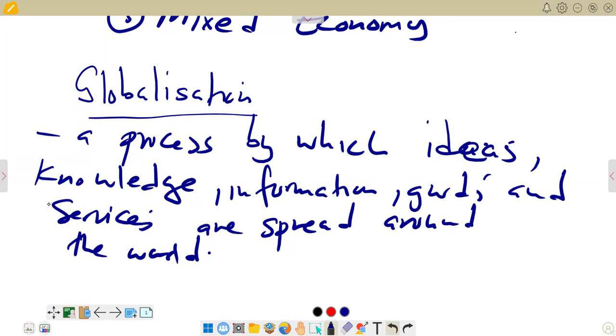So, in that sense, technology in our domestic country is enhanced, but we can also deduce disadvantages or costs from globalization. Whenever we open our borders and embark on globalization, it means the foreign companies are going to compete with the local companies.